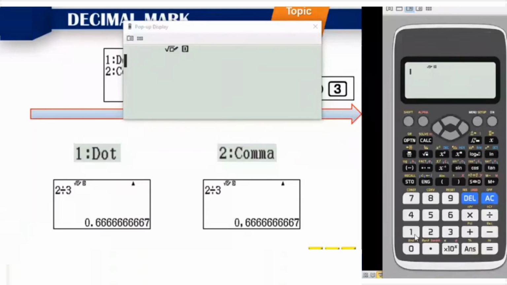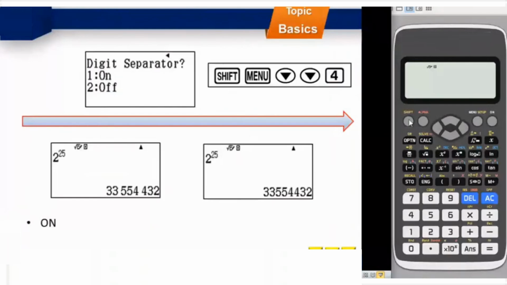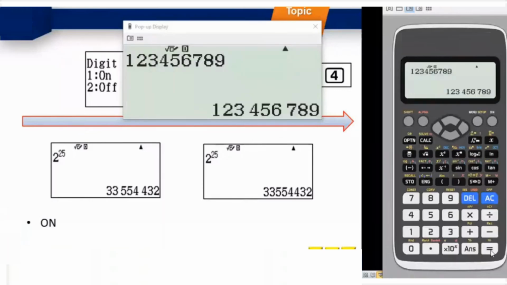Next is digit separator. Shift Menu, scroll down, and press 4. It is asking digit separator on or off. Let's say I put digit separator on and I write a number 1, 2, 3, 4, 5, 6, 7, 8, 9 and I press equals. Now please note, after every 3 digits there is a separator.